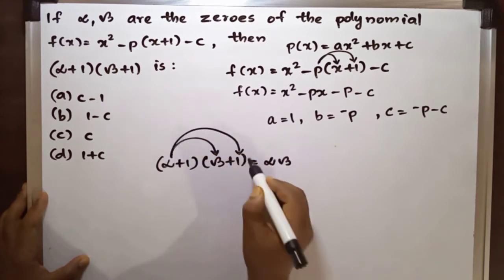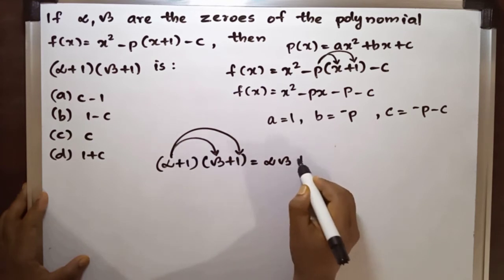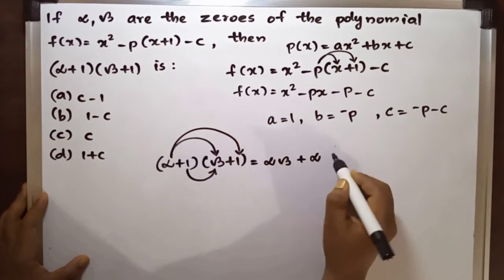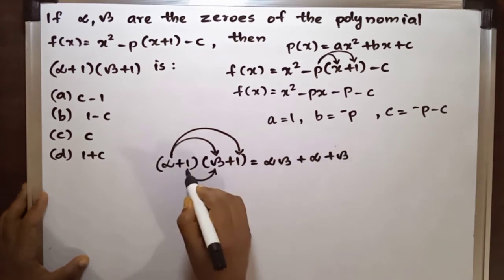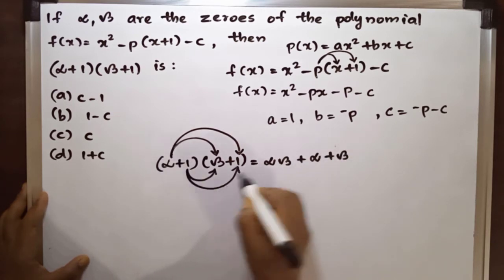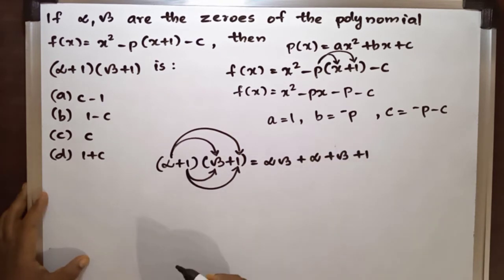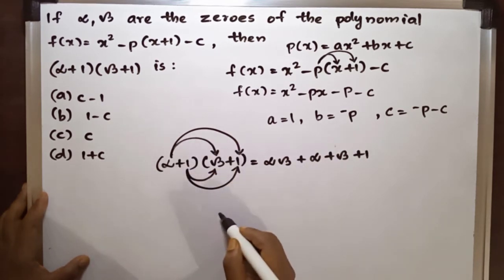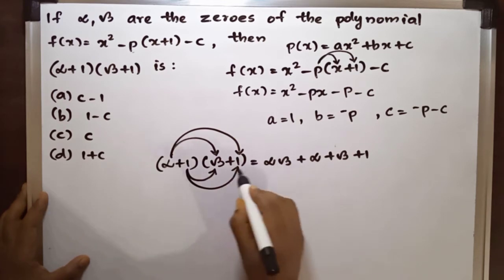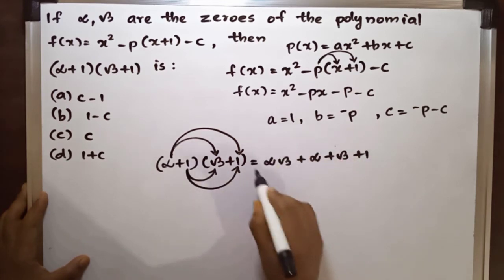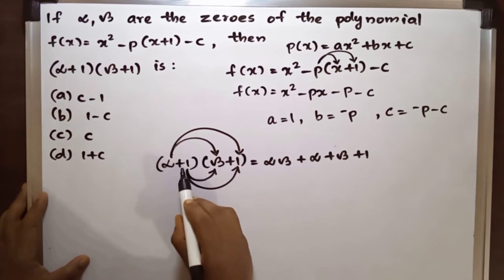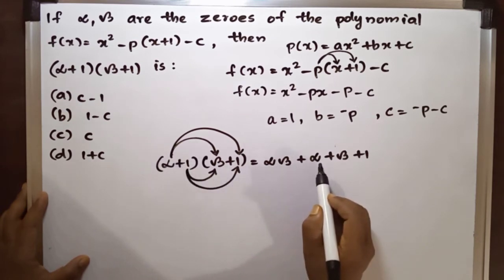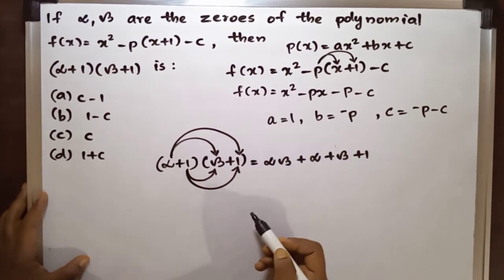Alpha into 1, it is alpha. 1 into beta, it is beta. 1 into 1, it is 1. We have opened this bracket. So this is the thing which we have to find out in this question. Alpha plus 1 into beta plus 1 means alpha beta plus alpha plus beta plus 1.